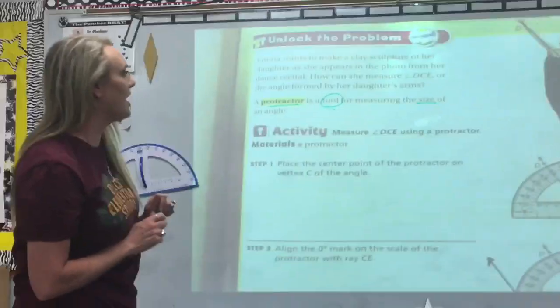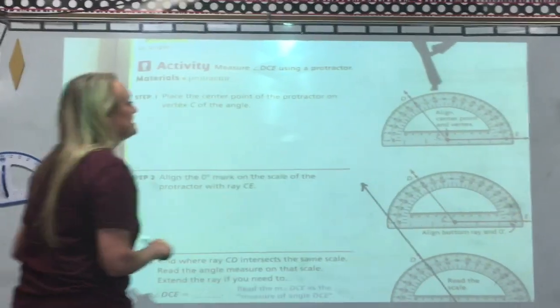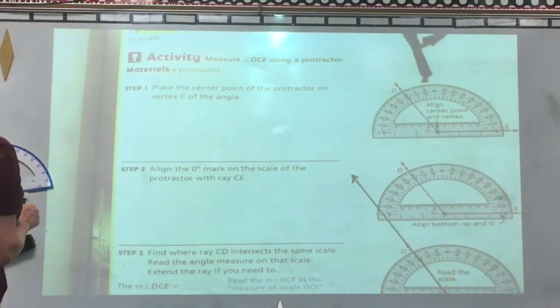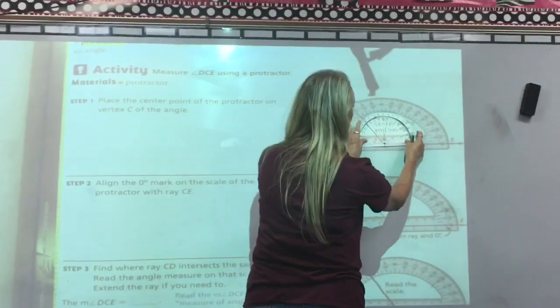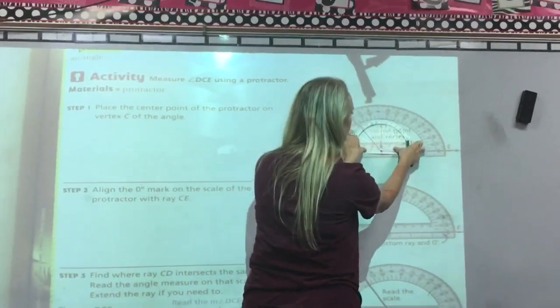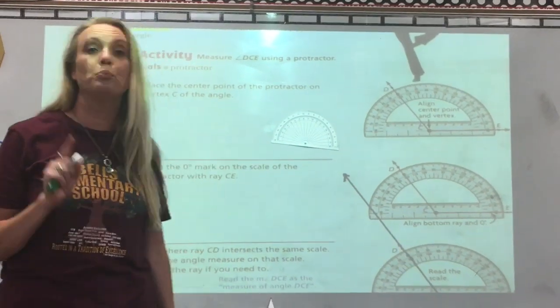It says measure angle DCE using a protractor. Place the center of the protractor on vertex C of the angle. So you would put your protractor over the angle and see where the hole is. That's your vertex. Remember the jingle we learned: vertices are the points.